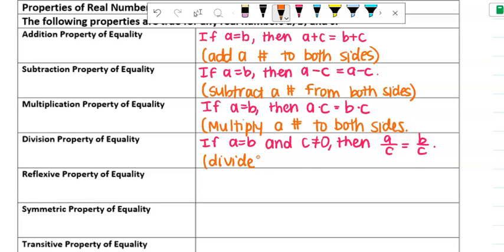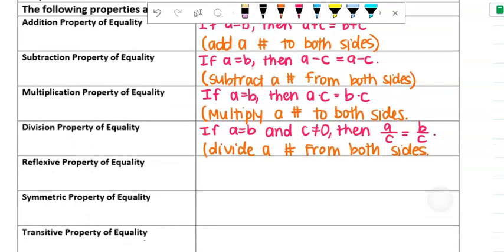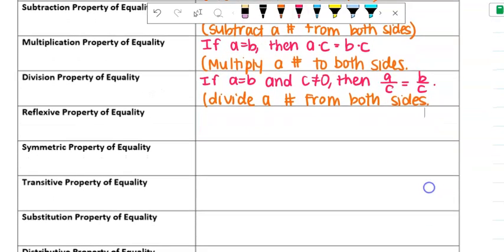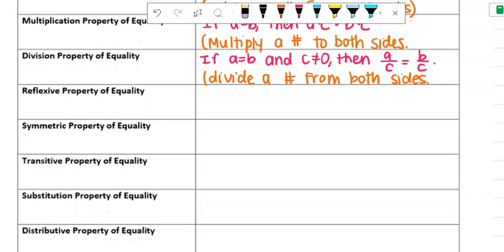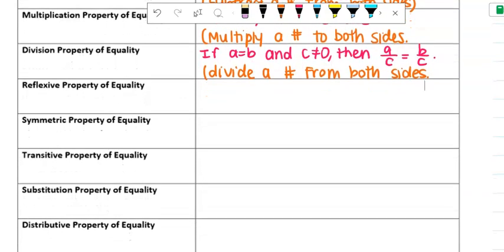Our denominators in any fractions cannot be 0. So dividing a number from both sides. So those are pretty self-explanatory, hopefully. Those might look familiar. If not, that's okay. So that would be useful when we're trying to solve an equation.